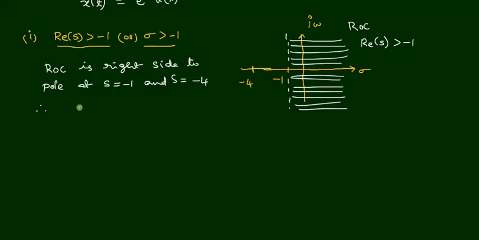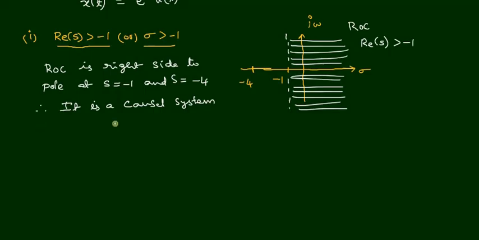Therefore, it is a causal system. You can say that it is a causal system. So the ROC is right side to both poles.